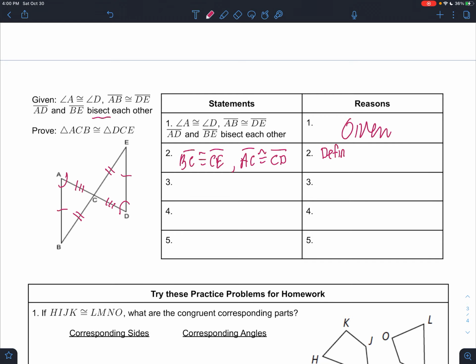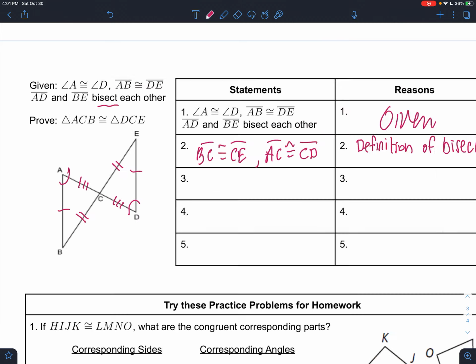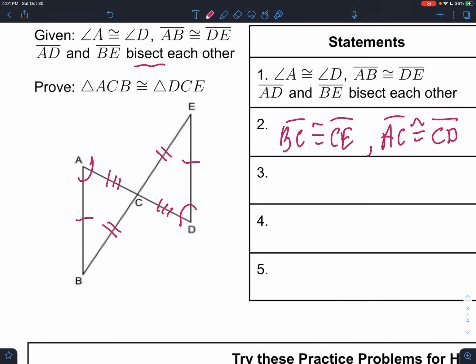So this is the definition of bisect. I'm fine with that. Okay, so that's a real big hurdle of a step, but it's really nice because now all of our sides correspond. So now we have to focus on the two missing angles. A and D are accounted for, but the other ones aren't.